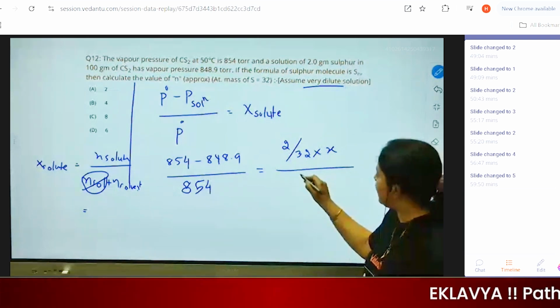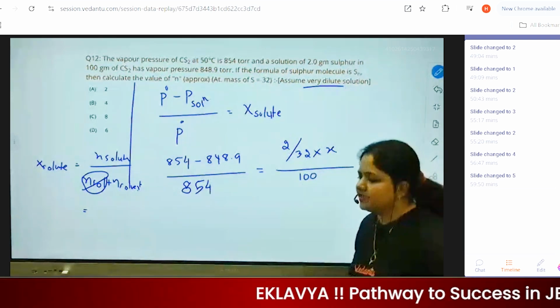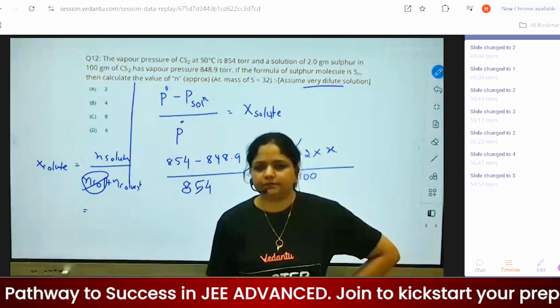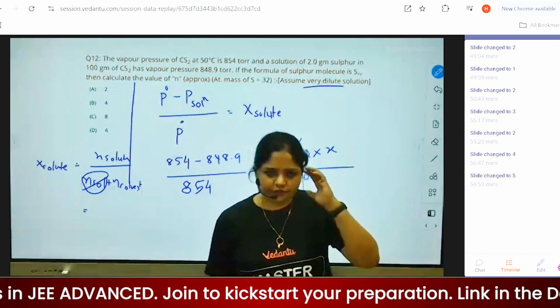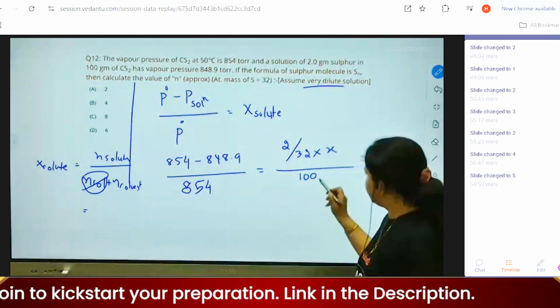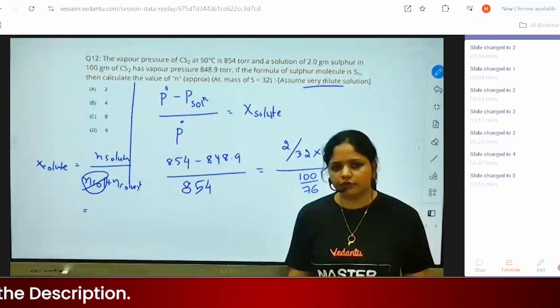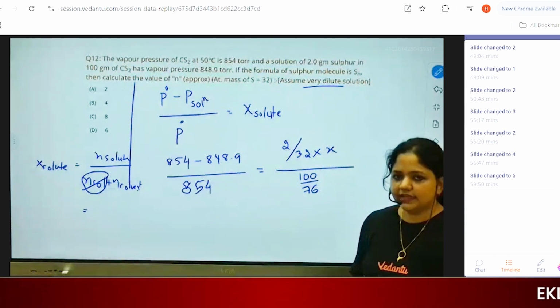They have given 100 divided by, see, carbon is 12 plus sulfur is 32, 64 plus 12, 76. So here 100 divided by 76. We have to solve here for X. Then we'll get the answer.